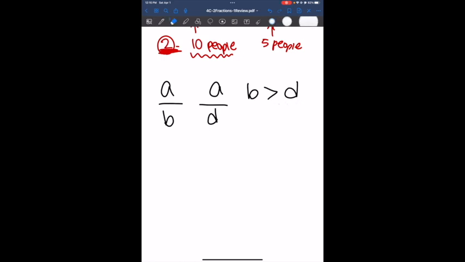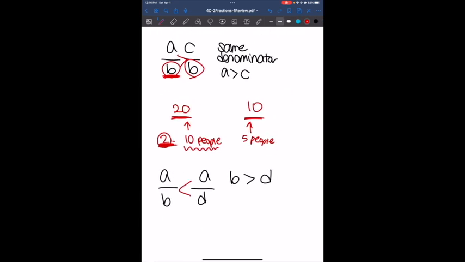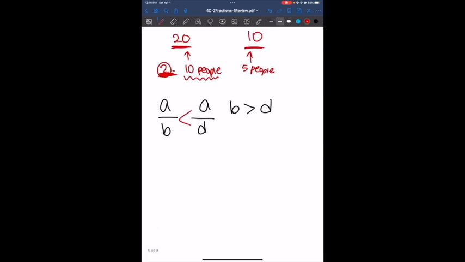D is the smaller denominator, so the fraction A over D is going to be larger. It's the opposite of the example above. When the numerator is different and the denominator is the same, the larger numerator is larger. But when the denominator is different and the numerator is the same, the smaller denominator is larger.